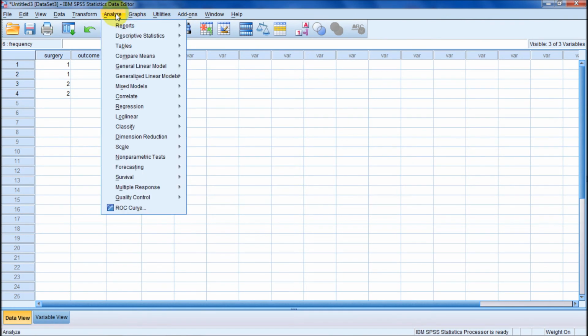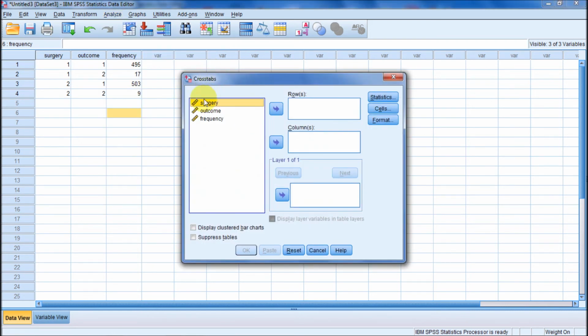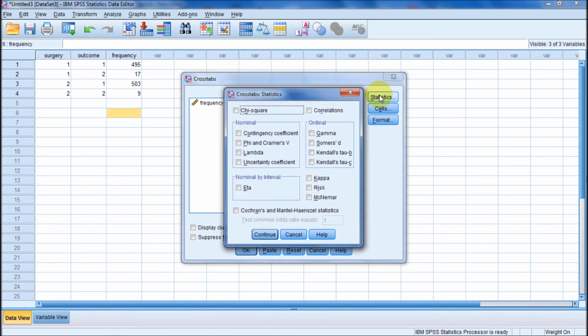And so we'll go to Analyze. One way we can do this chi-square is through these crosstabs right here. And in a row, we could have either surgery or outcome. In a column, we could have the other. Okay, statistics, we'll order the chi-square statistic right here.